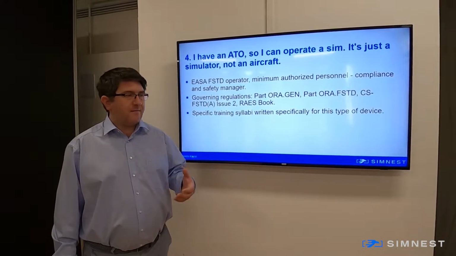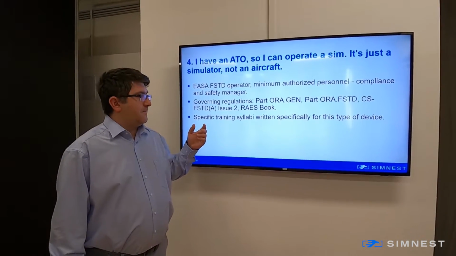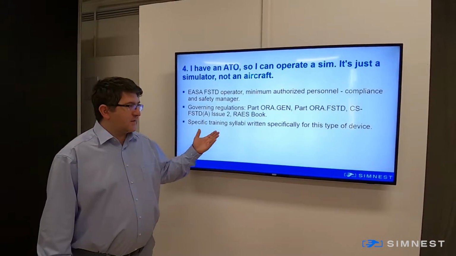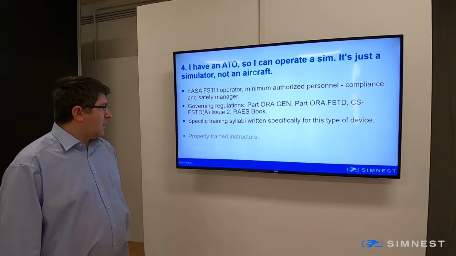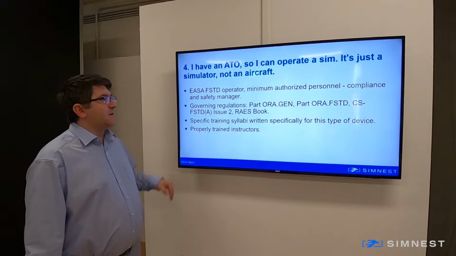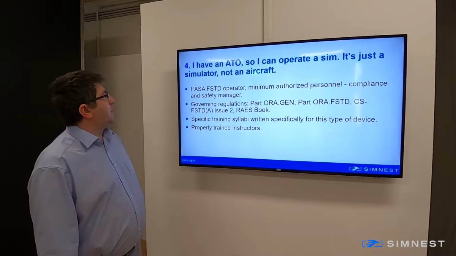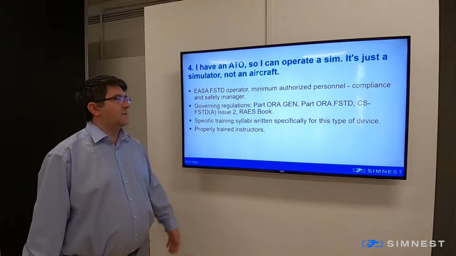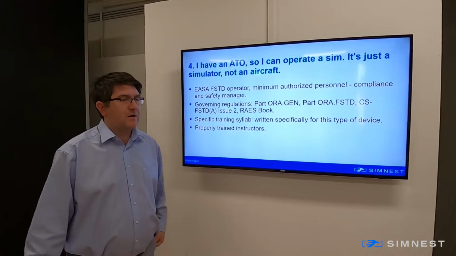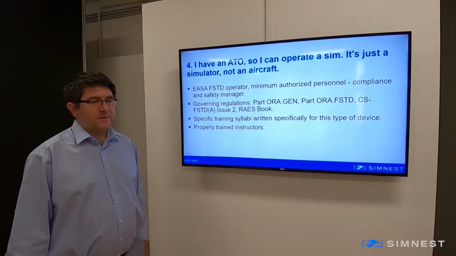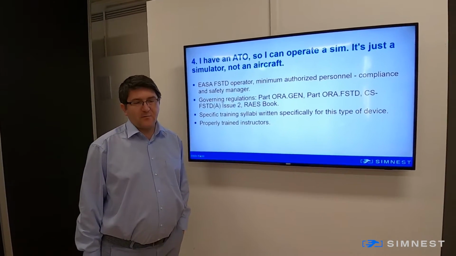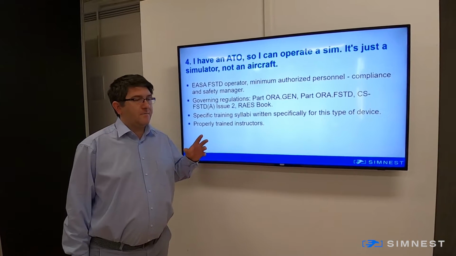You have to have your ATO extend its training manuals with this syllabus. And you have to have properly trained instructors. So it is not just that you got the ATO and start operating the sim. You have lots of documentation first, and all of it should be assessed by your authority. And it is.